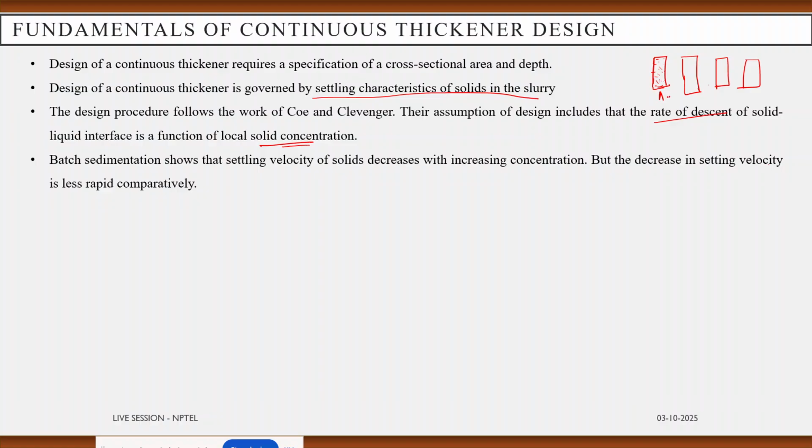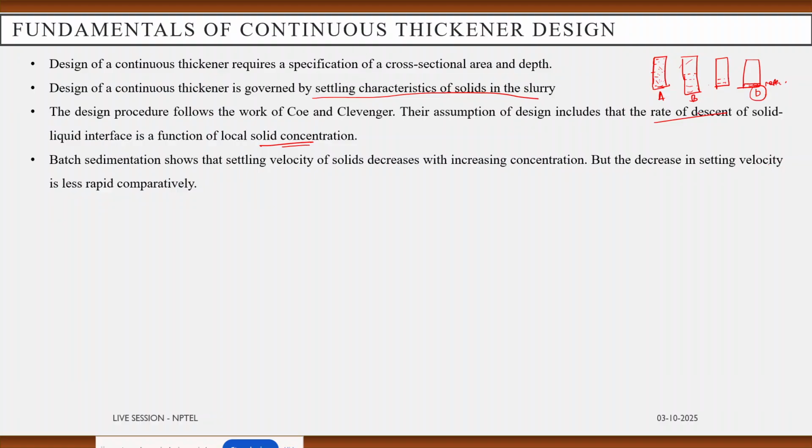This is condition A. In condition B, the clarified water is there. After the process, the settlement of the solids can be clearly visible, completely settled down in the settling zone, and it is known as D.